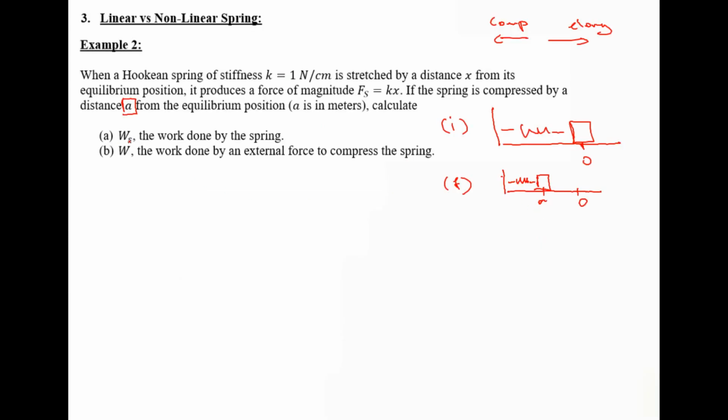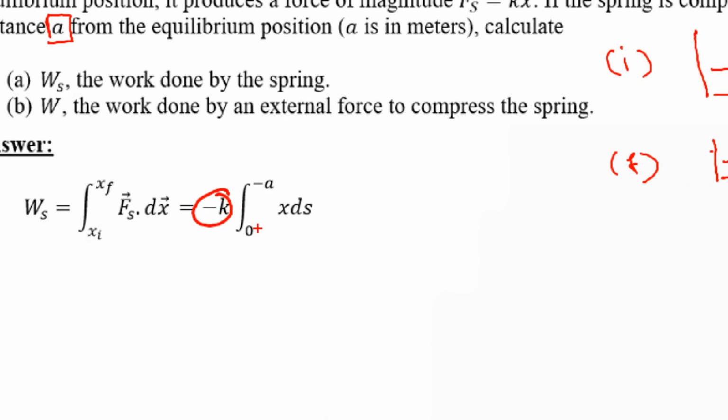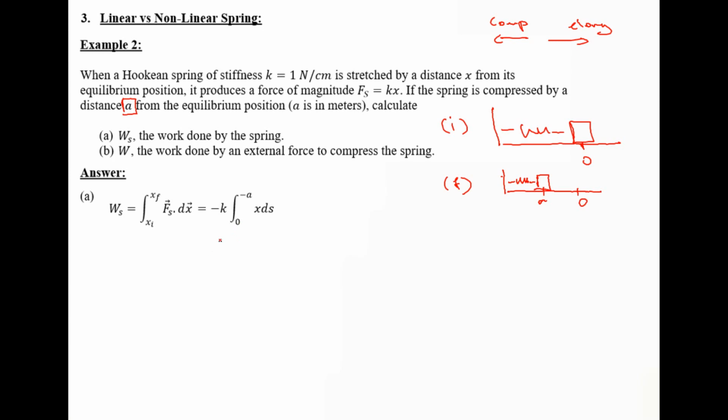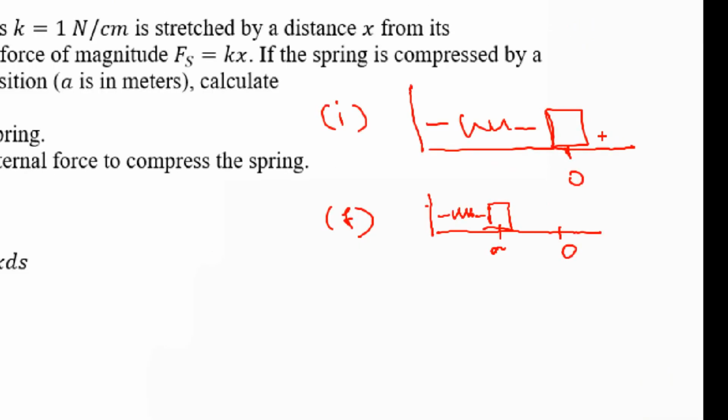So in part A, they're asking us to calculate the work done by the spring, which is given as an integral form. Now here we ask ourselves, should we use the restoring form or the usual form? Because it's the work done by the spring, then we need to use the restoring form, which is given by minus k. Now what about the boundaries of the integral? We have moved from an initial position given by the equilibrium position.